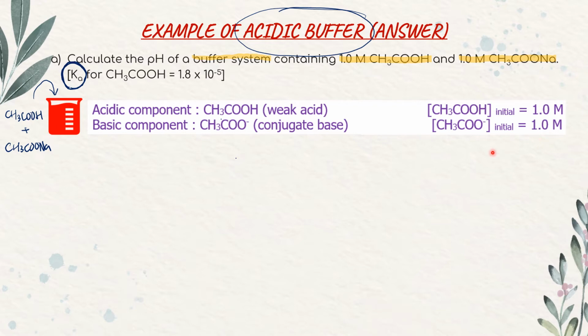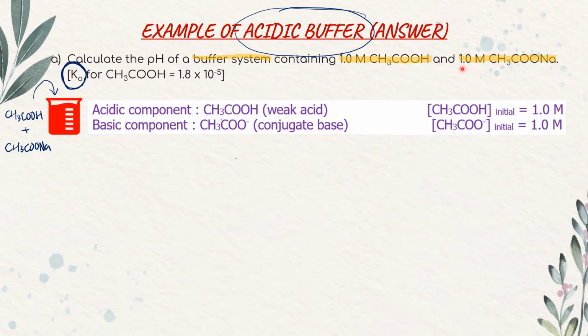Macam tu. Kemudian concentration of CH3COO-, again, it will come from the salt solution. Okay, as I mentioned earlier, whatever salt we have over here, it will be completely dissociate into its ions. Okay, so ion dia tadi CH3COO- lah.